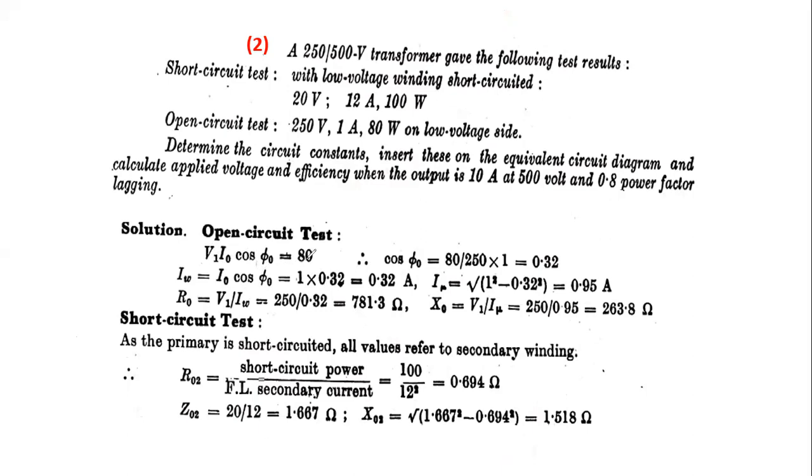Iron losses is equal to V1 I naught cos phi naught, which is equal to W naught or WOC.